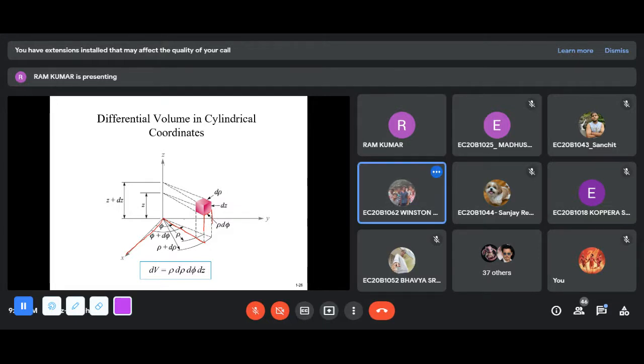Each parameter has its own unit vector, like in the Cartesian coordinate system x, y, z, and here rho, phi, and z.